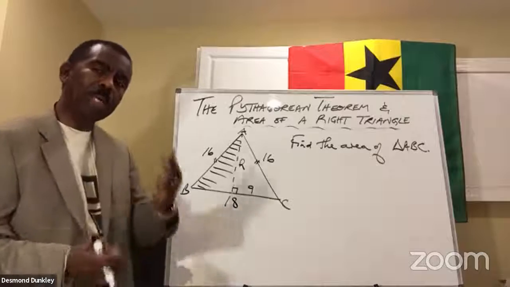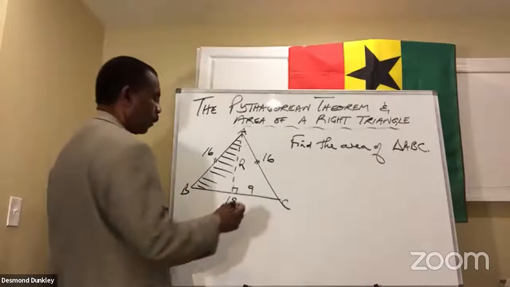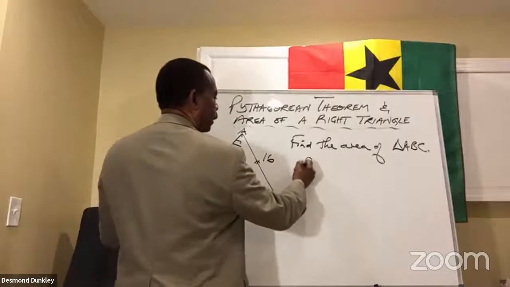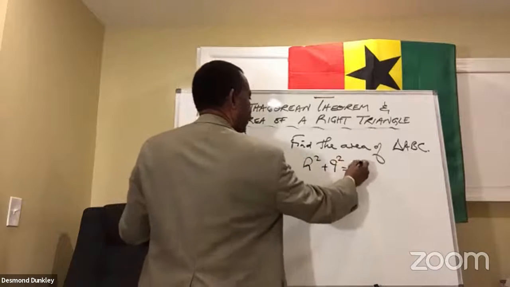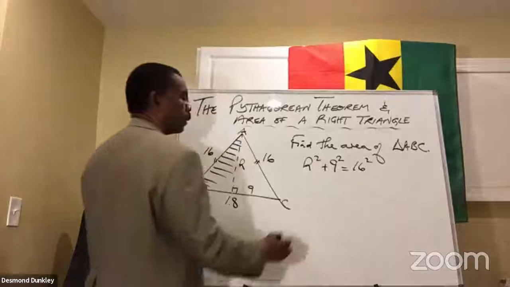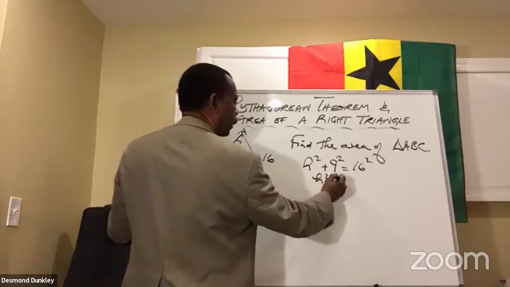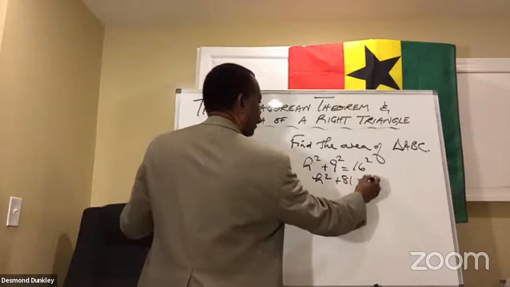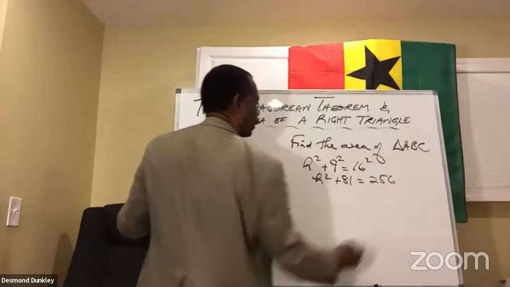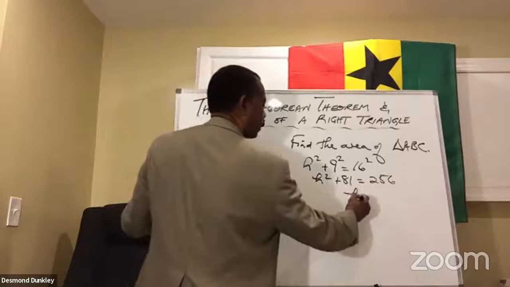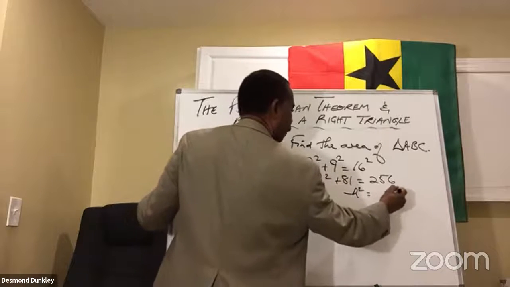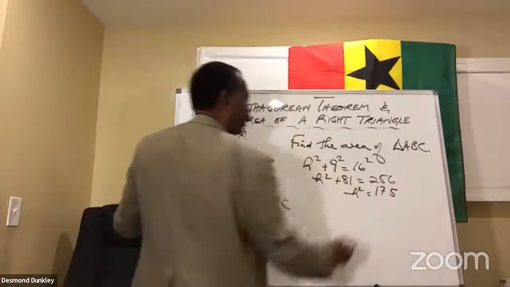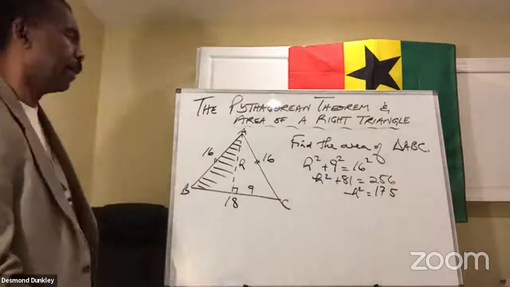And again, we go into the Pythagorean Theorem. We have h squared plus 9 squared equal to 16 squared. So h squared plus 81 equals 256. So h squared is equal to 256 take away 81, which gives me 175.